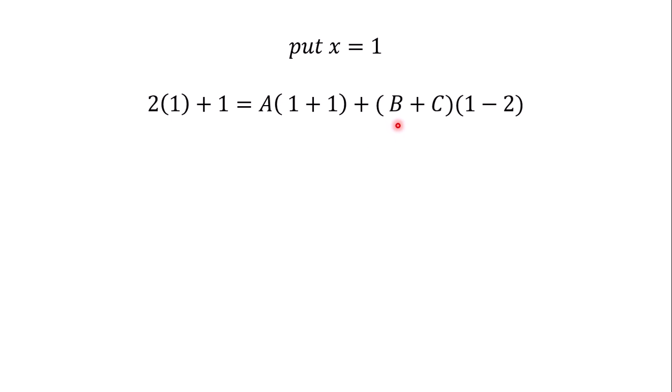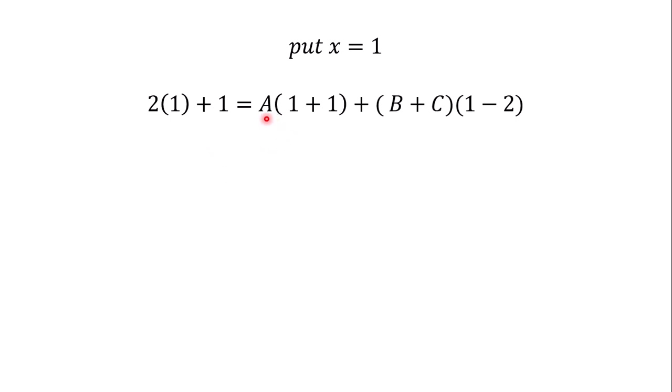I just wrote b there because b times 1 gives us b, plus c, and here 1 minus 2. On the left-hand side, 2 times 1 gives us 2, and 2 plus 1 gives us 3.